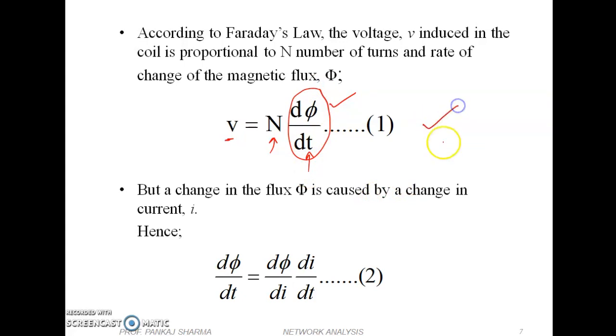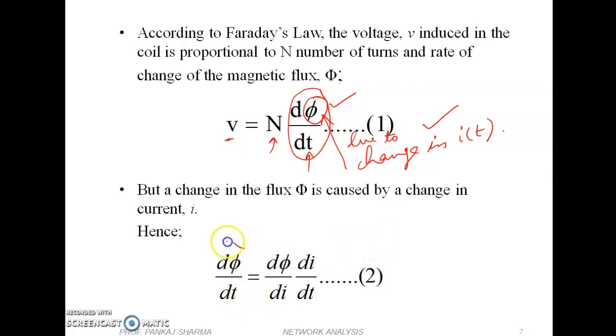Quality question number 1. But a change in the flux is caused by a change in current. We know this change in flux is due to change in current.